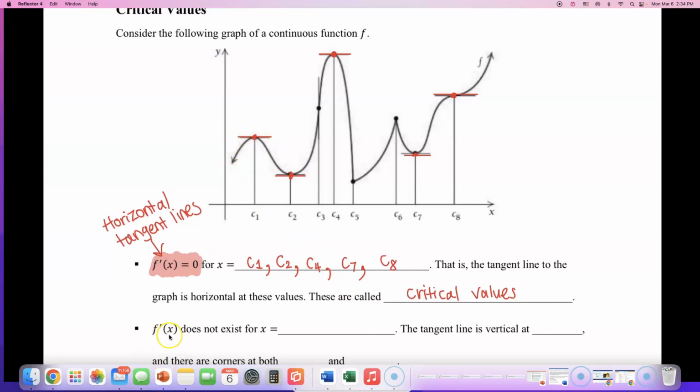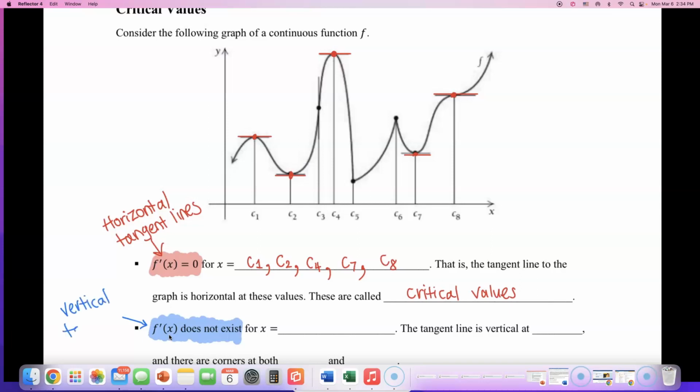Now, f prime of x does not exist. All right, let me highlight this in blue. This isn't really something we will do until later, but if the derivative is undefined, we still call them critical values. But when are these undefined? Remember, the slope of a vertical line is undefined, right? So they're talking about a vertical tangent in this case.